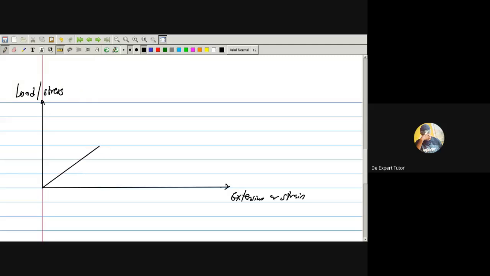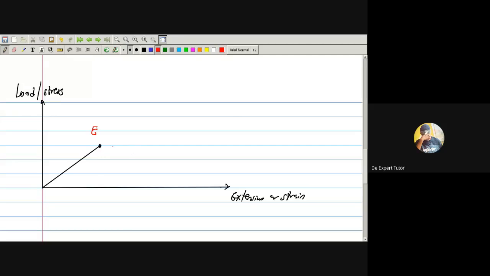This is what I call directly proportional. And up to this point is what we call the elastic limit. Hooke's law is obeyed from this point to this point. I want you to get that.